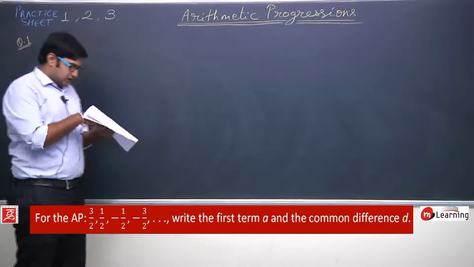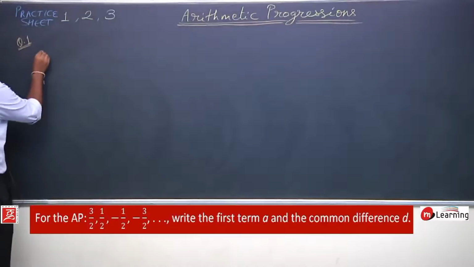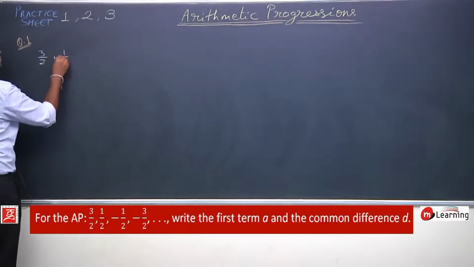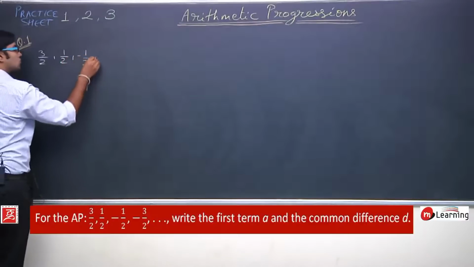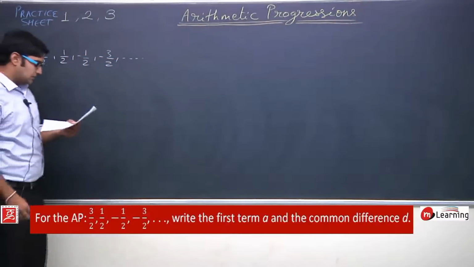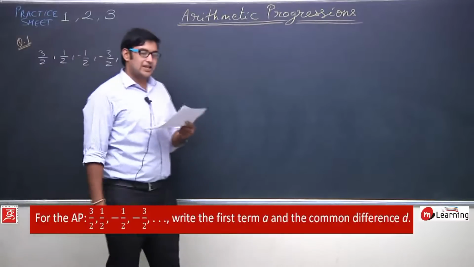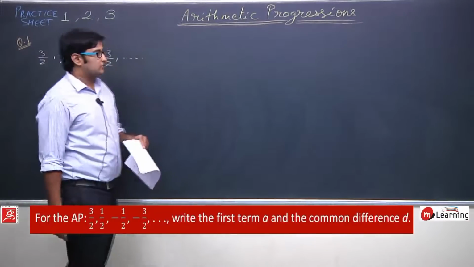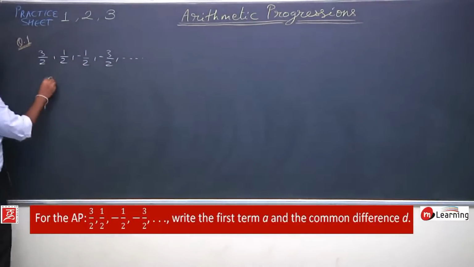The AP given in the question is 3 by 2, 1 by 2, minus 1 by 2, minus 3 by 2 and so on. And for this AP you need to determine first term A and common difference D.